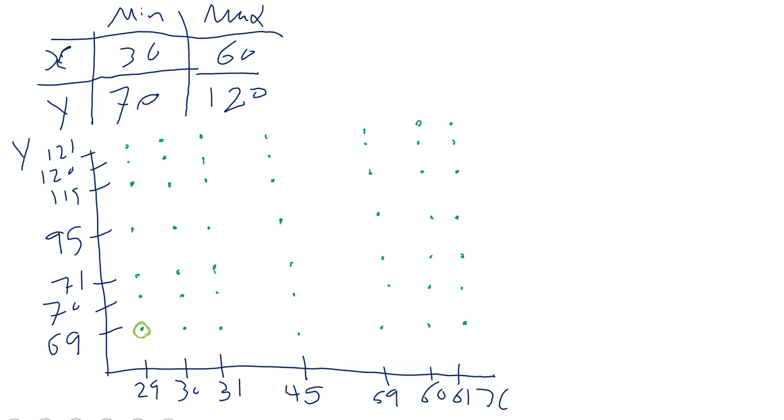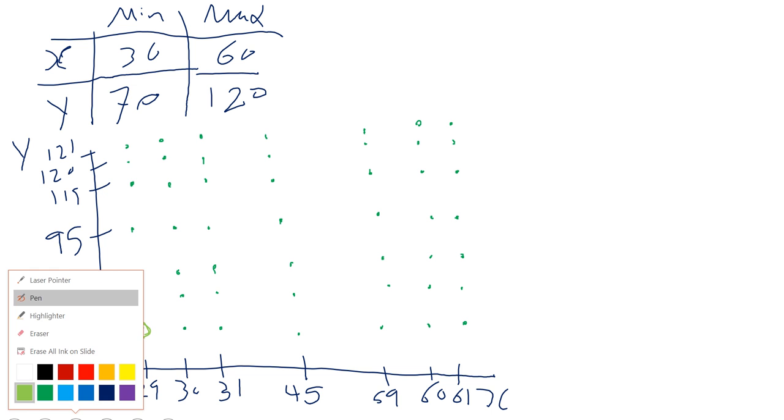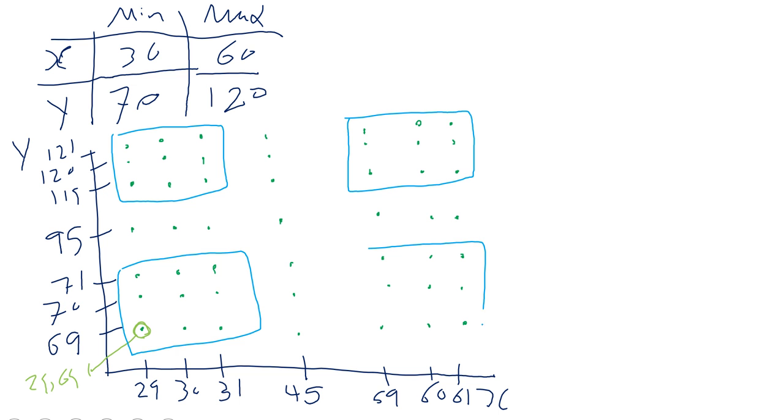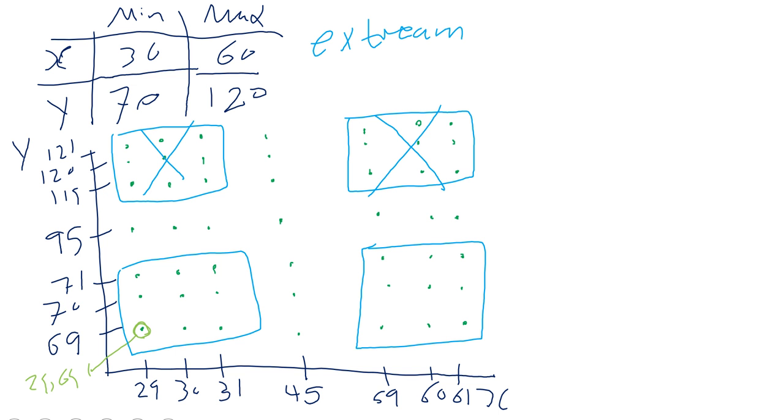For example, this point represents 29 and 69. But these points, and these points, and these points, we call extreme points. And in robustness, we don't take the extreme points, so we will not take these points.